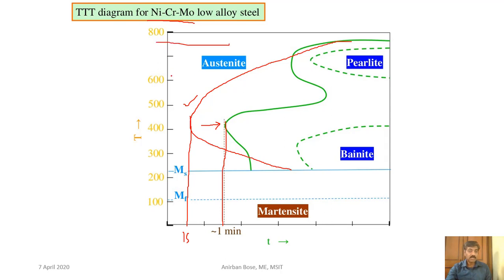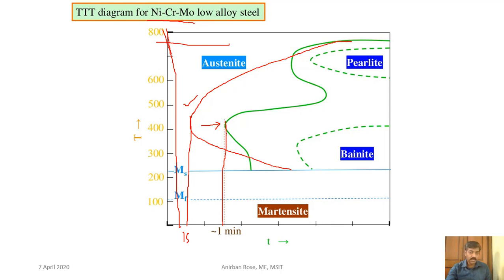It has a great advantage, because suppose you want to make a martensite transformation, because you want to make a very strong material. In that case the cooling rate, you can see in case of a plain carbon steel, should be very large. Otherwise you find that the whole cross section will not be martensite. This is the problem.